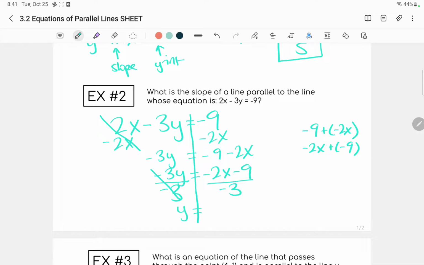Negative 2 divided by negative 3 is positive 2/3, and that x is still there. And then negative 9 divided by negative 3 is positive 3. So now I have slope-intercept form, and now I can tell that the slope of a line parallel to this line is going to be 2/3.